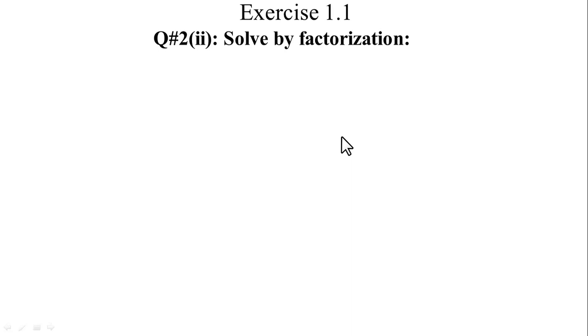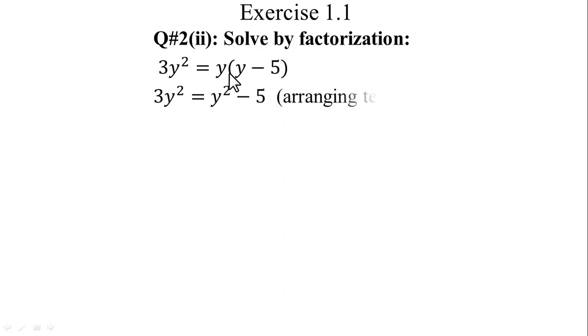So in question number 2, second part, the given statement is to be solved by the factorization method: 3y square is equal to y into y minus 5. First of all, multiplying y with both terms, then 3y square is equal to y square minus 5y.